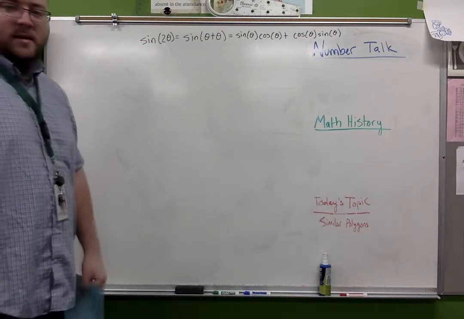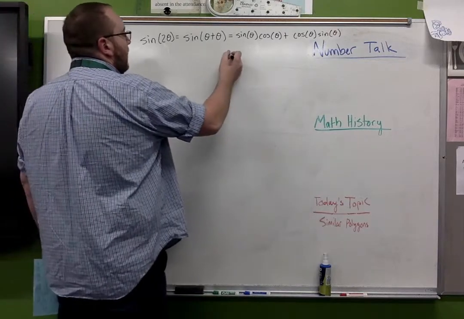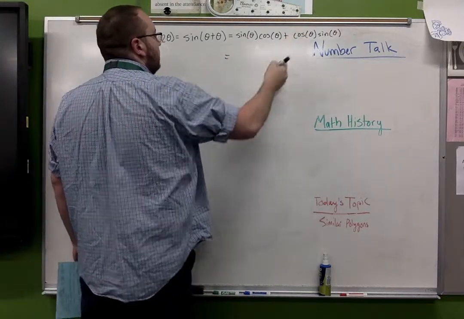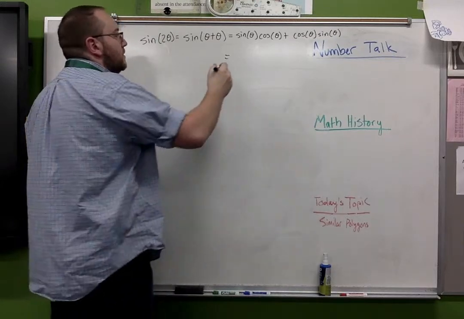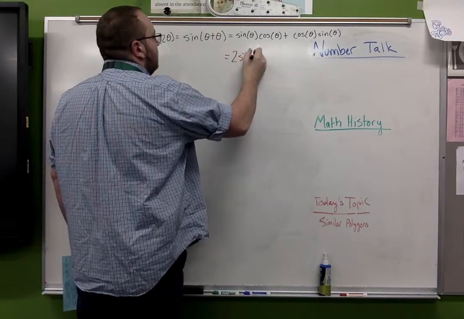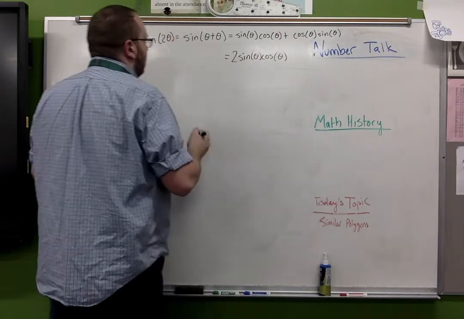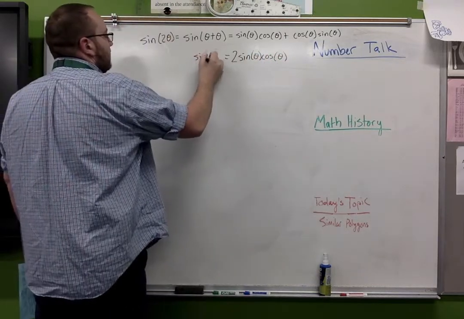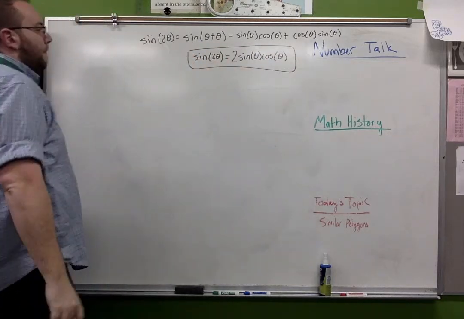Okay, that's the angle sum identity. Now, sine times cosine, we have 2 of the same terms, so it's 2 sine of theta cosine of theta. And that's sine of 2 theta. Okay, so that's a double angle identity for you.